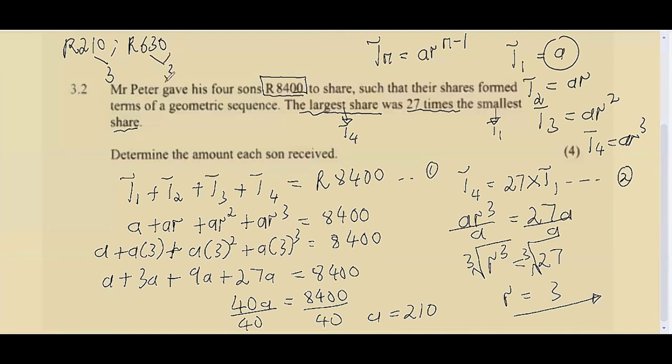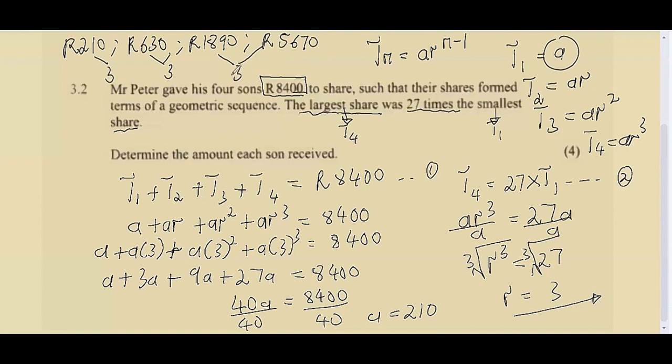So that's 630 multiplied by 3. It will give us 1,890. Then to get the fourth term, multiply this by 3. And then we find a value of 5,670. So these are the amounts that each son will receive. So the smallest being 210 and the largest being 5,670.